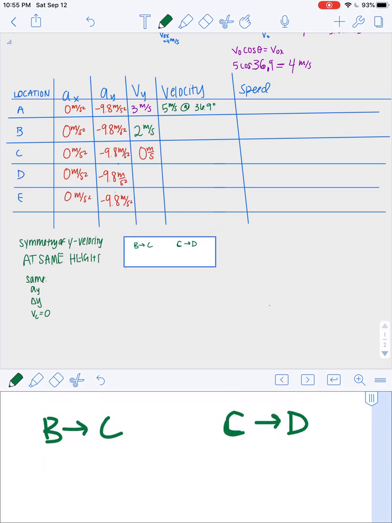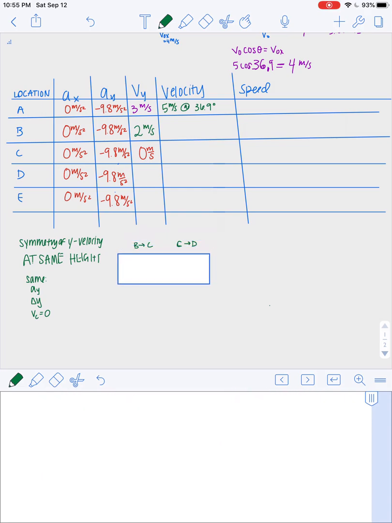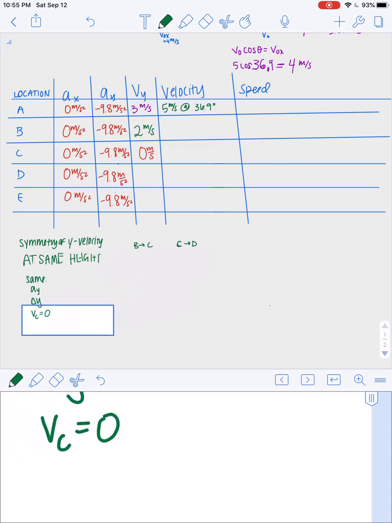So if we look from B to C, we want to relate the other velocities, so basically the two velocities, initial and final, the change in y and the acceleration.